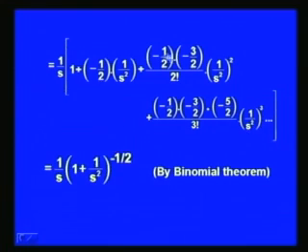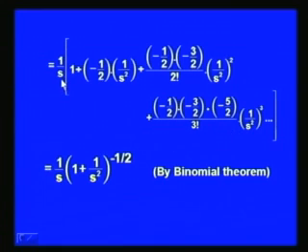And this expression inside the brackets we can write as 1 plus 1 by s square raised to the power minus half, which follows by the binomial theorem. By the binomial theorem we know that 1 plus 1 by s square raised to the power minus half can be written as an infinite series given here inside the bracket.